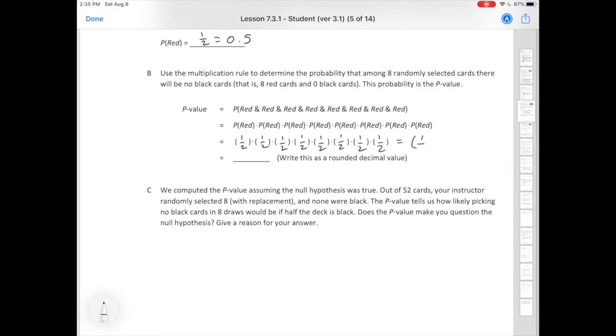Which, by the way, is the same as 1/2 to the 8th power. So if you do 1/2 to the 8th power on your calculator, you end up with 1 over 256. But if we were to write that as a decimal, we would actually get 0.0039.